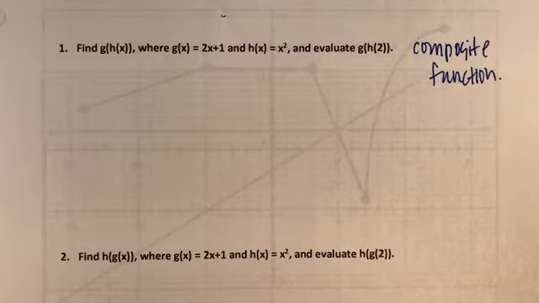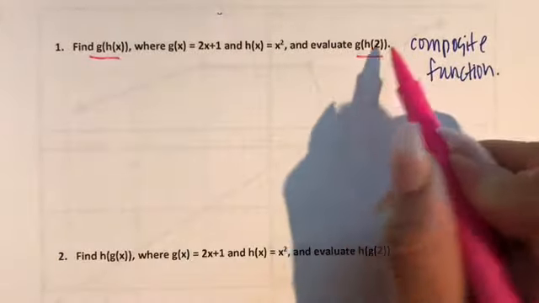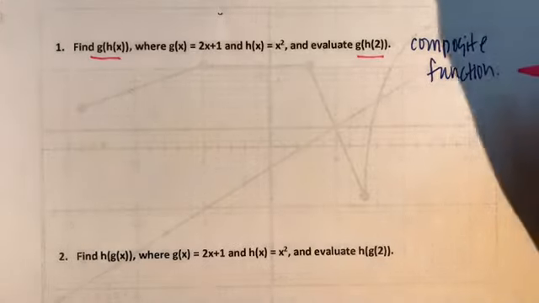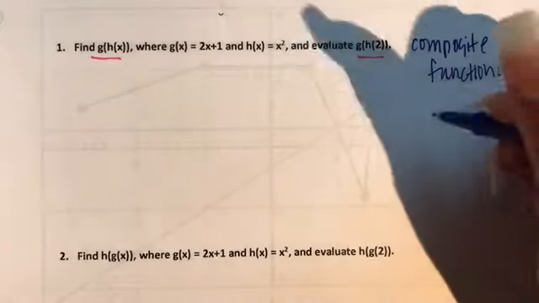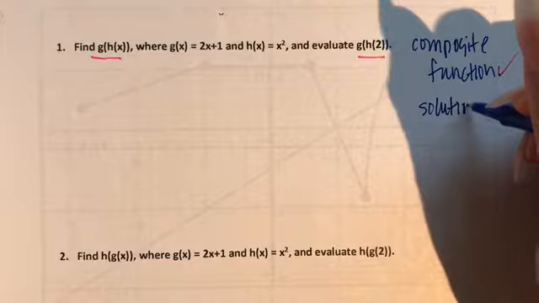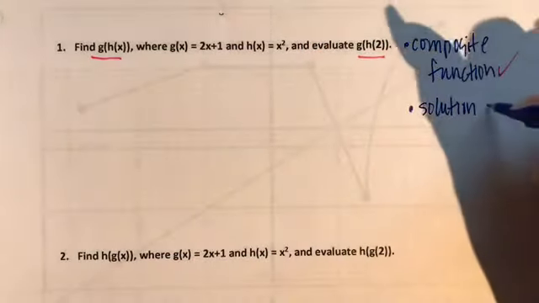So when I'm reading this, it's asking me for two different answers. It's asking me for the composite function, and it's asking me to find a point or a solution in the composite function.